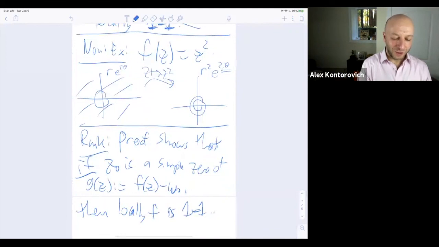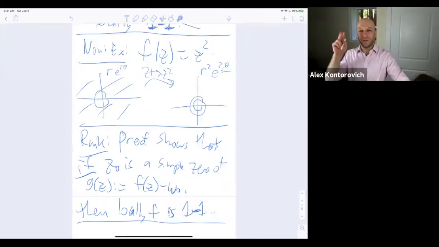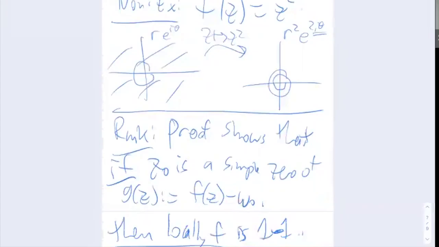So it fails to be one-to-one if and only if its value at w0 is hit with multiplicity, locally near z0.